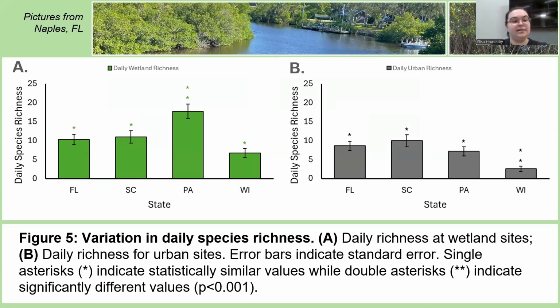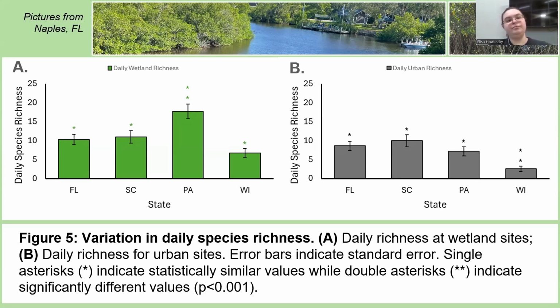On the y-axis, the only thing that's changed is that it is now daily species richness rather than overall site species richness. Green is still wetland and gray is still urban. The double asterisks indicate that that value was significantly different than the other single asterisk values.